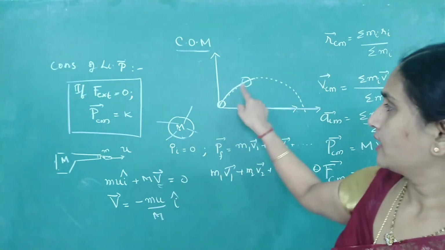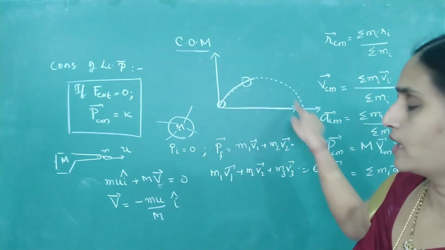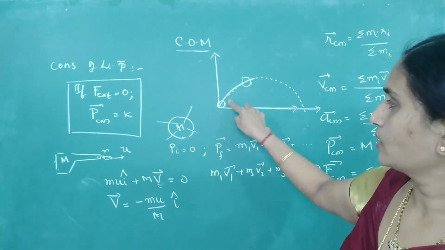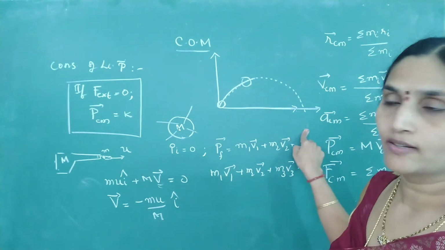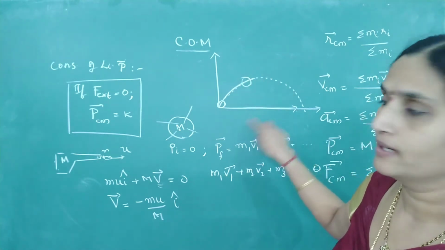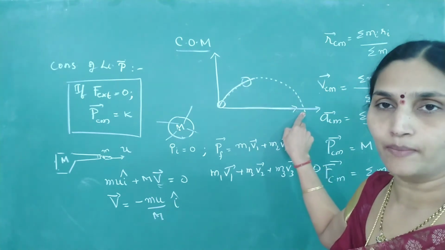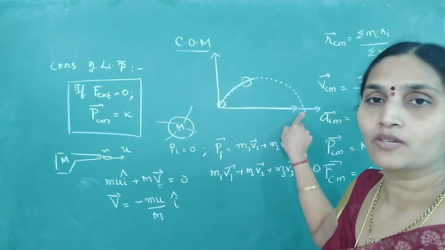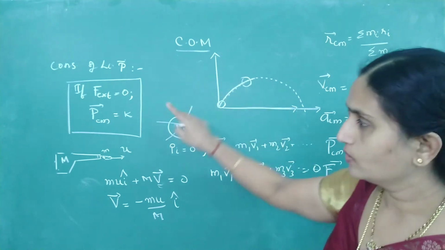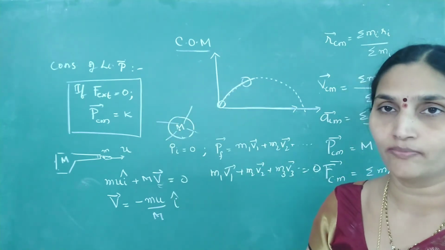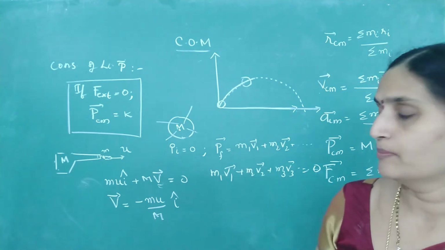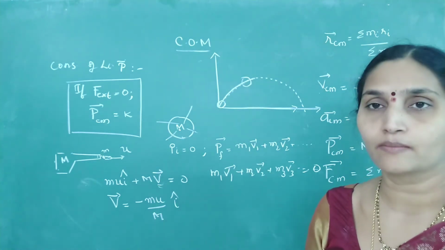Because of conservation of linear momentum, total initial momentum should be equal to final. All the particles may go away, but what will happen to the center of mass? It will complete its parabolic path. Internal forces are not going to affect the center of mass. Only external forces will affect the center of mass. So you can remember these points for conservation of linear momentum.